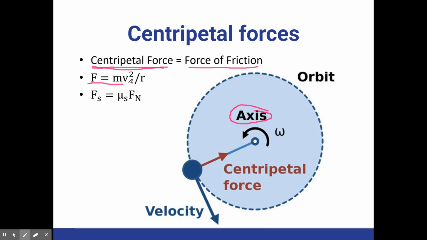And what we can do here is more or less combine our two force equations as a way to show that centripetal force is no different from the force of friction. They're both moving towards the center of the object, or towards the axis, the pivot point, the point of attachment of a particular object. So again, this is going to be equal to this.